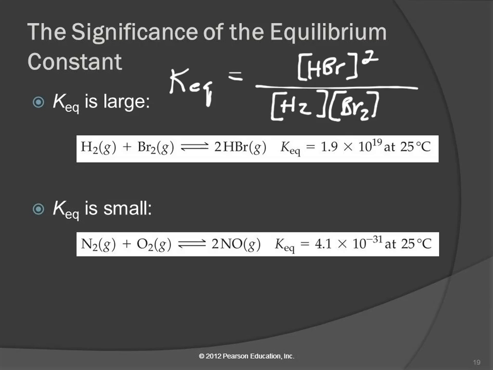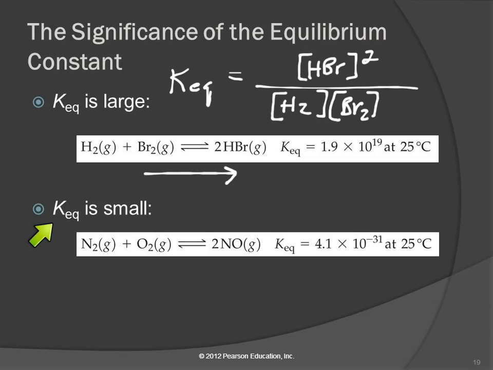Yeah, you guys are zoning out on me, aren't you? It's okay. I'm zoning out too. If this is equal to a really big number, like 1.9 times 10 to the 19th, that means that the top of this expression has to be a lot bigger than the bottom. That means that the concentration of the product must be a lot higher than the concentration of the reactant. That tells us that this reaction goes mostly in the forward direction.